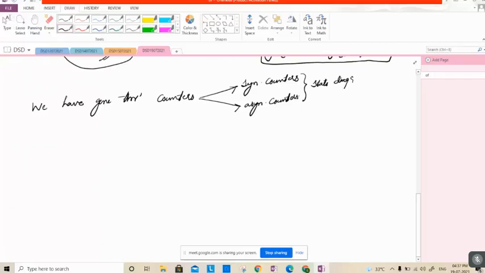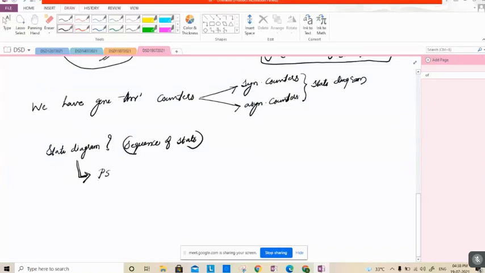Now, what is meant by a state diagram? Sequence of states. Right, sequence of states. Now, what is the information that is provided by the state diagram? What is the information present inside a state diagram? Present state, next state.